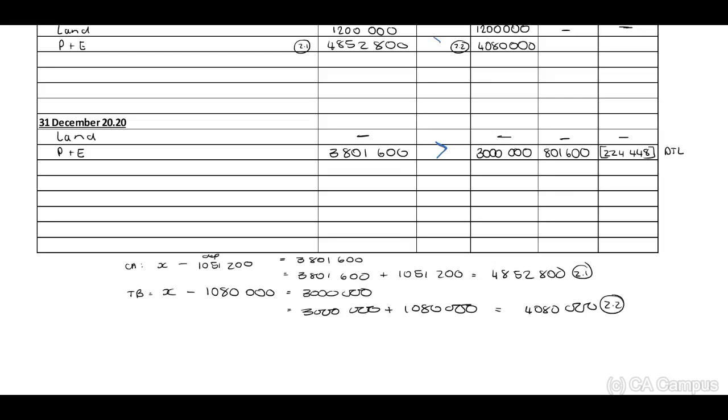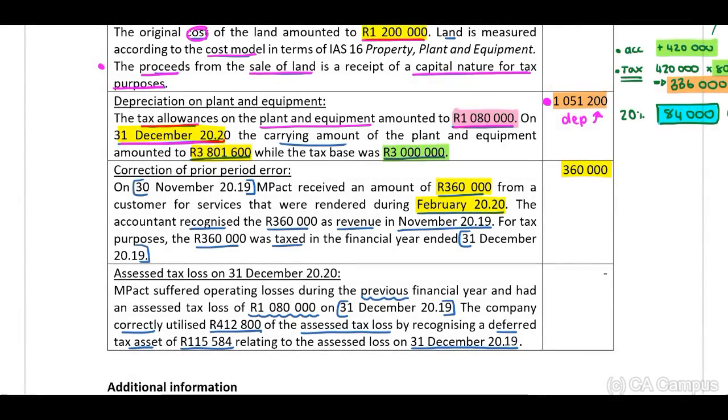The carrying amount exceeds the tax base. Taxable temporary difference of an amount of 772,800. We have a deferred tax liability to the value of 216,384. Let's tick off this section.